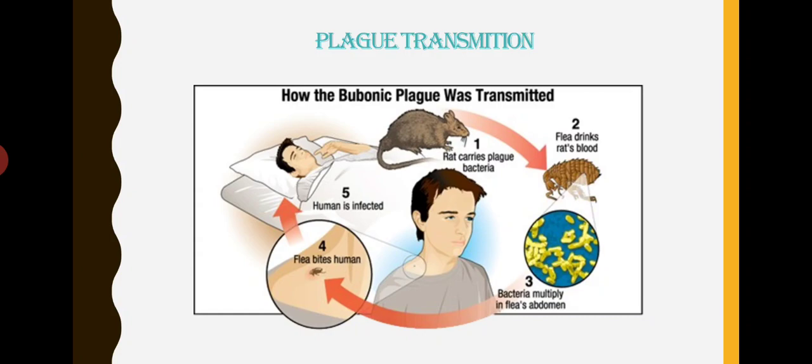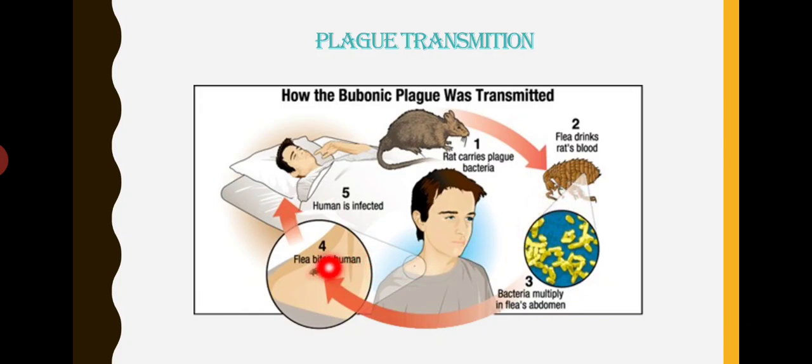Firstly, the rat carries plague bacteria on its surface. Then the flea drinks rat blood, and the bacteria grow by drinking the blood of this rat. Then the bacteria multiply in the flea's abdomen.